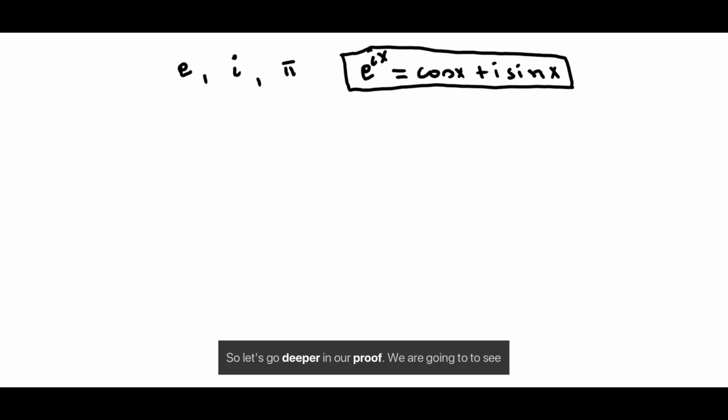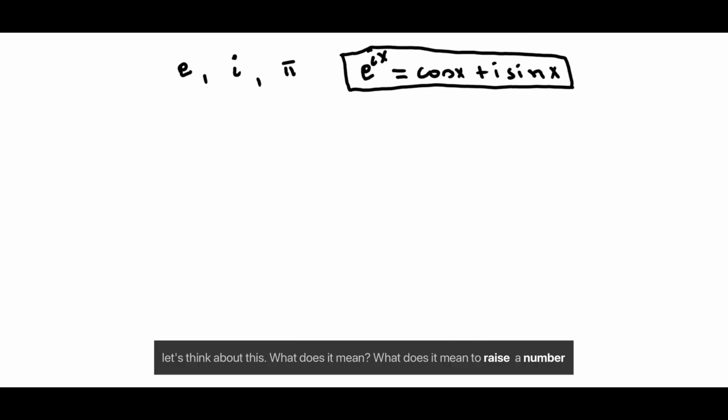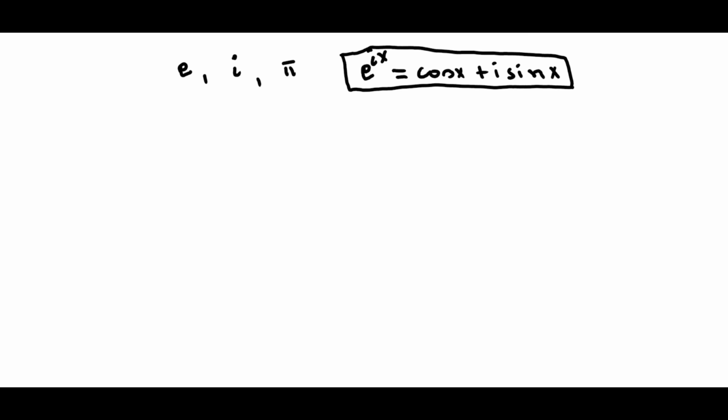So let's go deeper in our proof. We are going to see where this formula comes from. But before I start proving this formula, let's think about this. What does it mean to exponentiate a number?